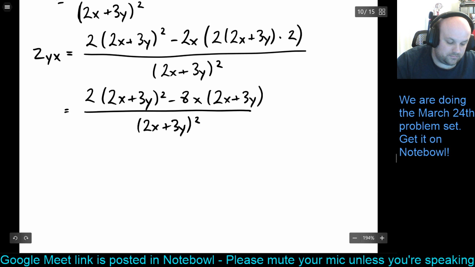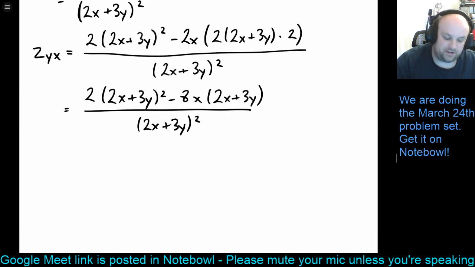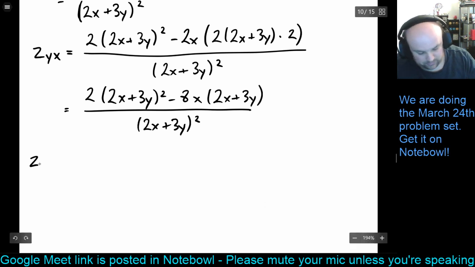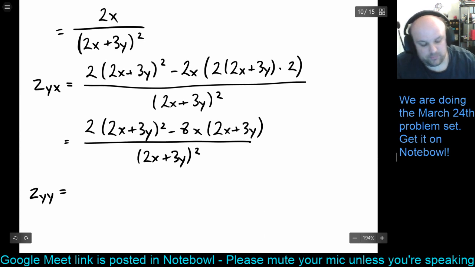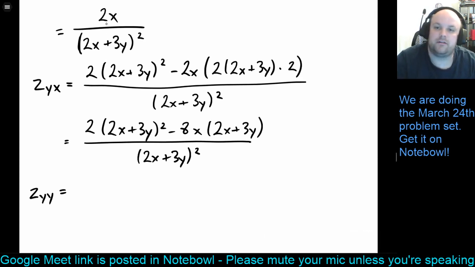So that's our second mixed partial there. And now we're going to find zyy. Right? So here, we're taking the derivative of this thing up here with respect to y. So a nice thing here is there's no more reason to really do the quotient rule.